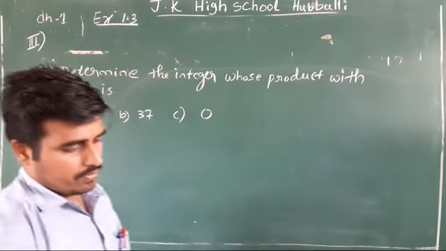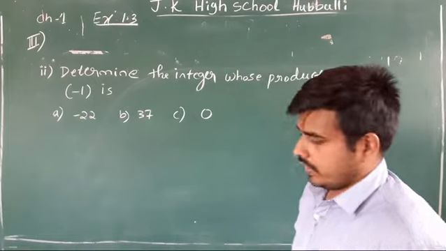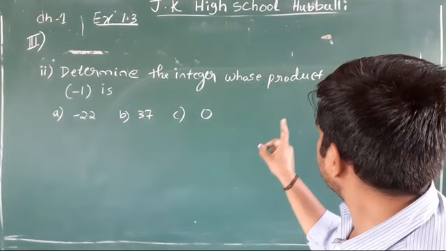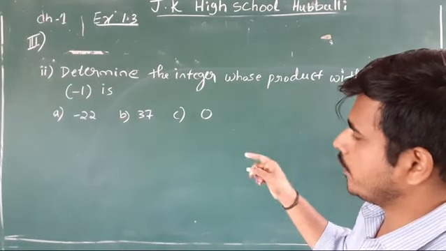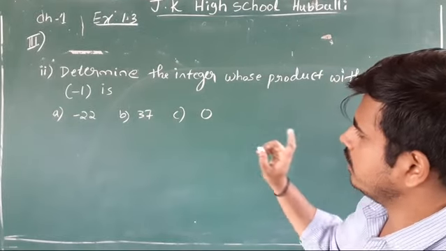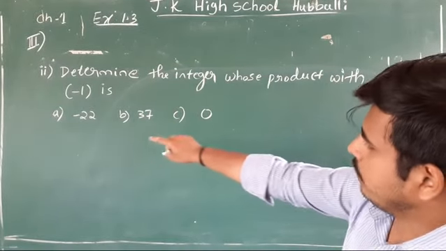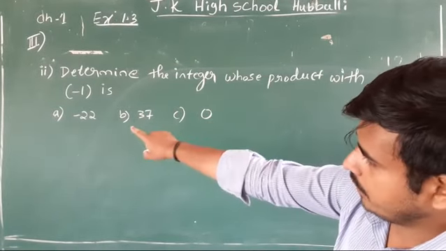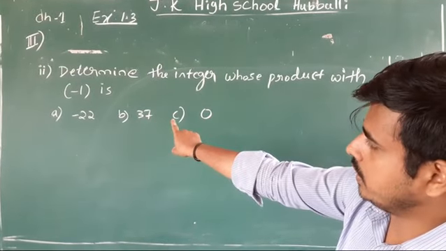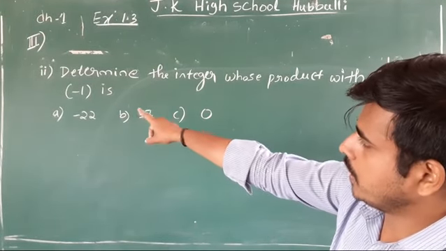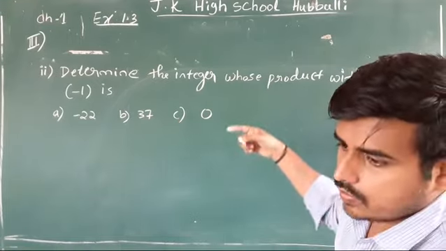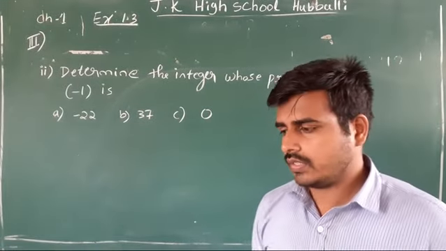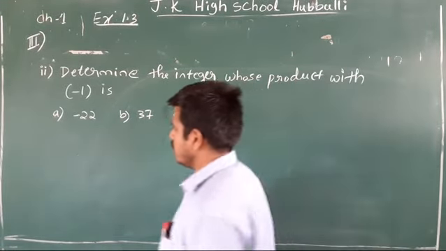Look here. Determine means you have to calculate it. So below 3 integers are given: a minus 22, b 37, c 0. If you multiply minus 1 to these integers, what answer you are going to get? This is a very simple question.